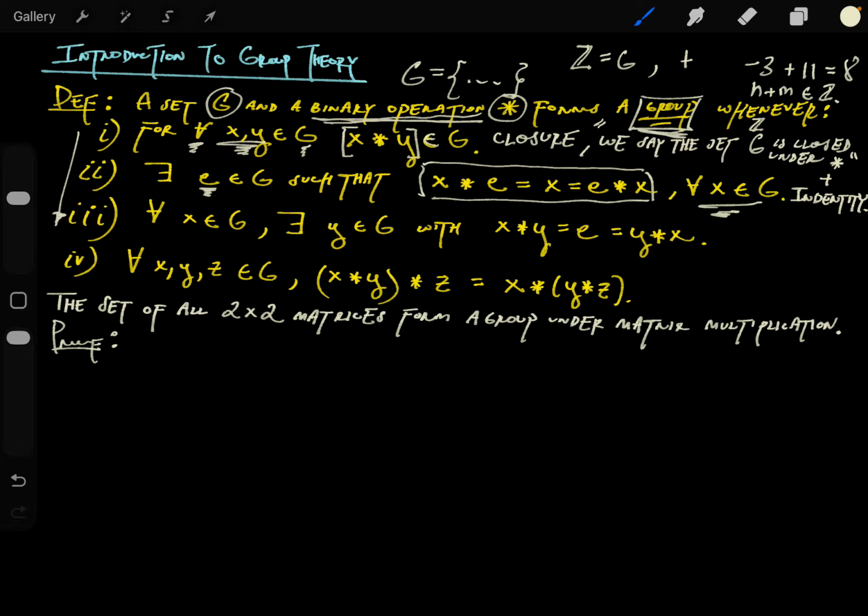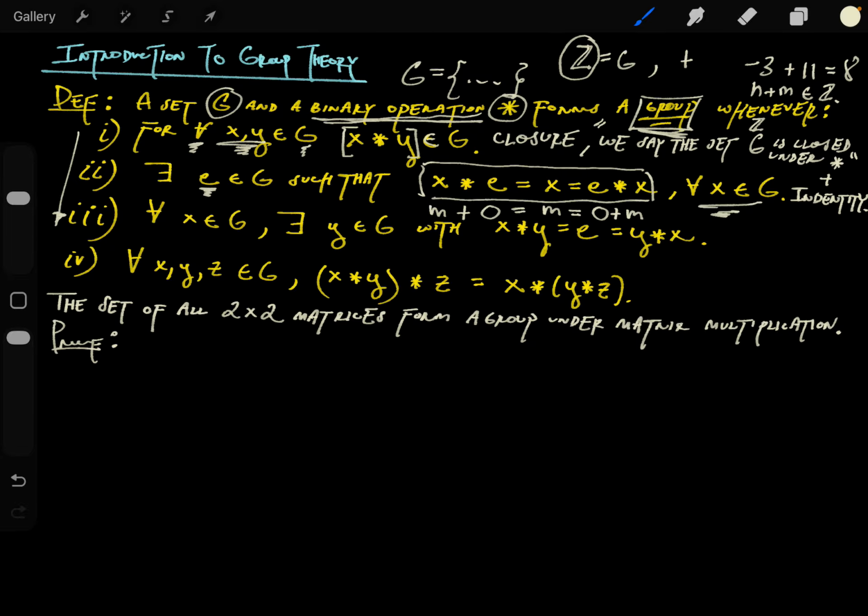For example, in the integers, for any integer m, m plus 0 is equal to m, the original integer, and 0 plus m is also m, and this 0 is the identity element. You have to have this for any group that's formed, and I'm using the example of the group formed under addition for the integers.